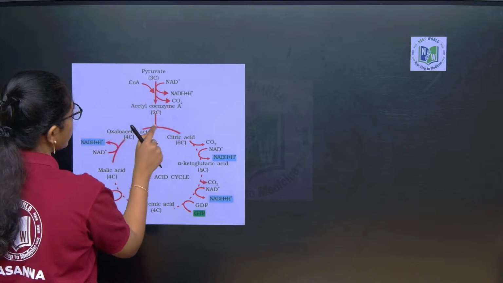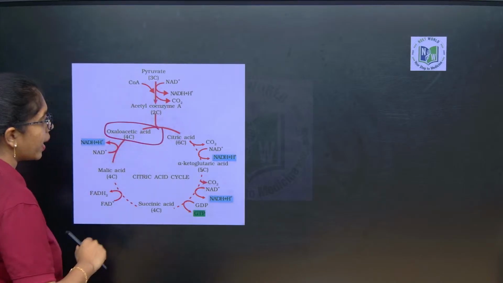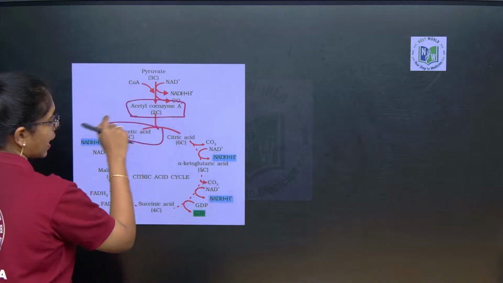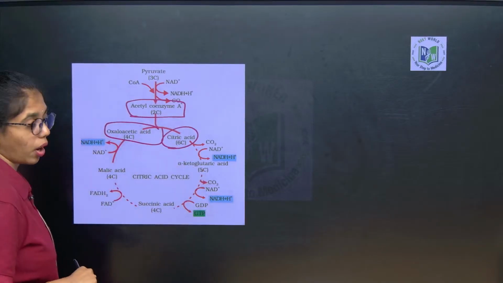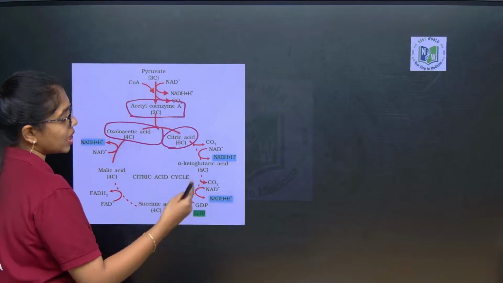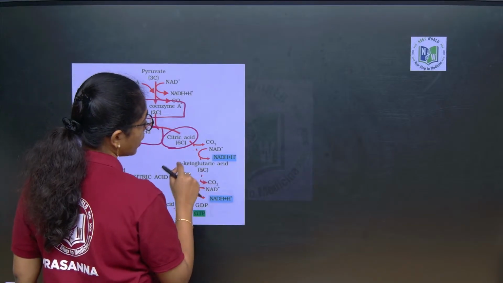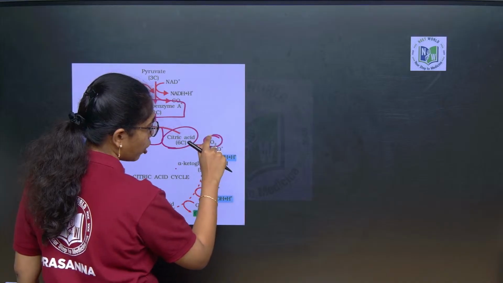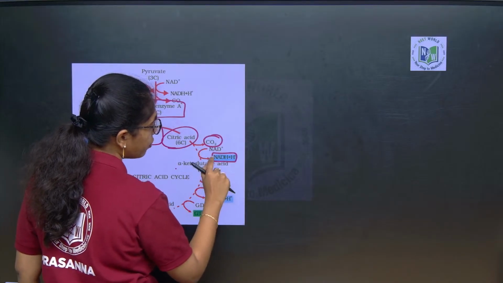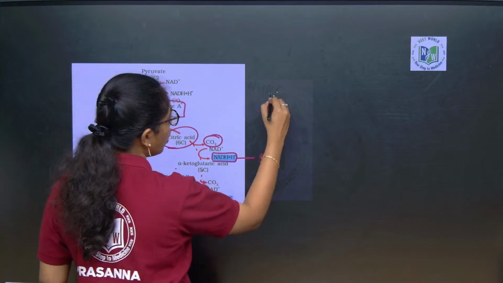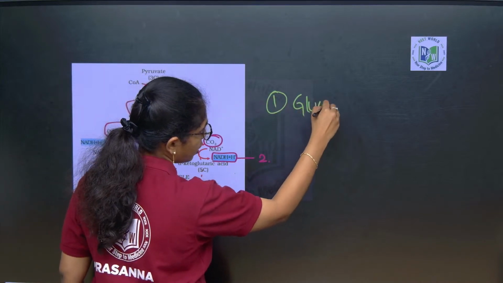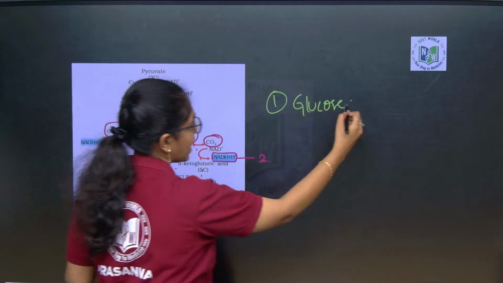Here the primary acceptor is OAA, and this accepts acetyl CoA. By the enzyme citrate synthase, citric acid is formed, which turns to isocitrate, and isocitrate undergoes decarboxylation with the release of 2 NADH. We are counting for 1 glucose, which means 2 TCA cycles will happen.